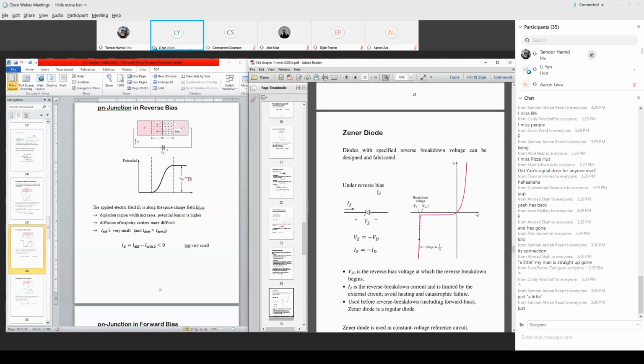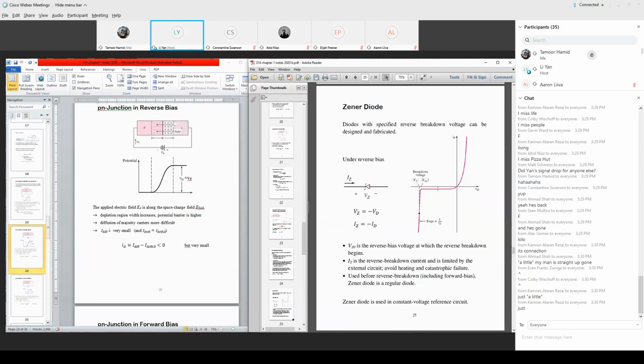However, for the Zener diode, the reverse breakdown voltage, by design and fabrication process control, we can specify. Maybe at -3 volts, -10 volts or -20 volts, we can design that. So that's the breakdown voltage.